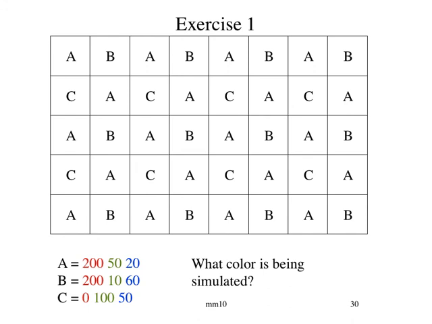So it's 200 plus 200 plus 0 plus 200, which is 600 divided by 4, which is 150, okay.